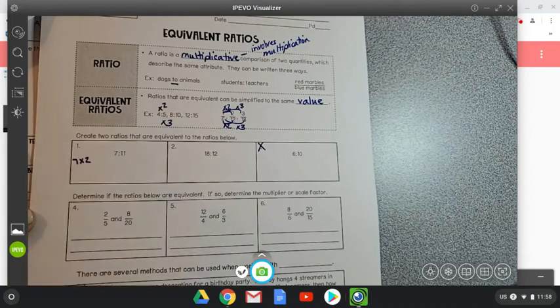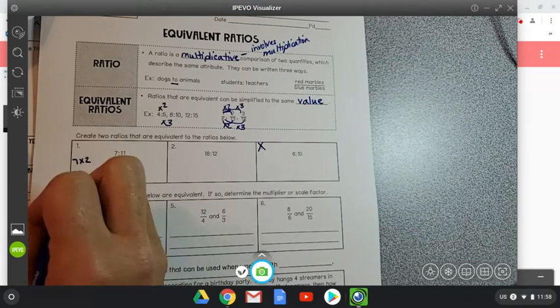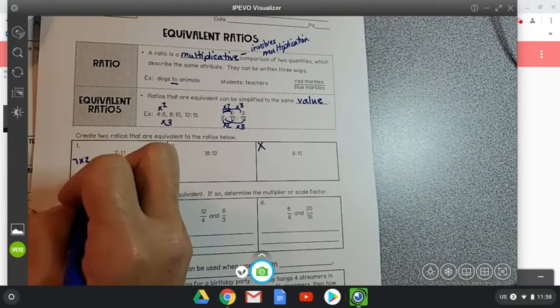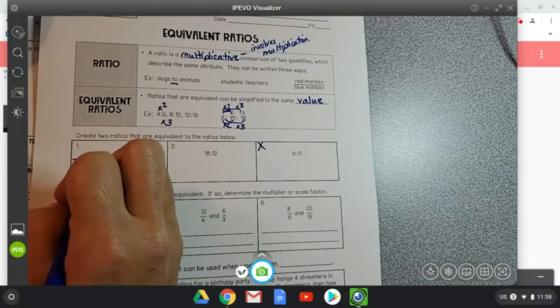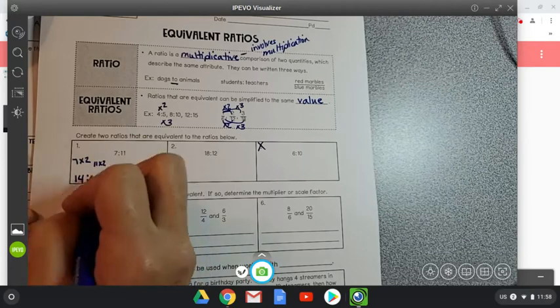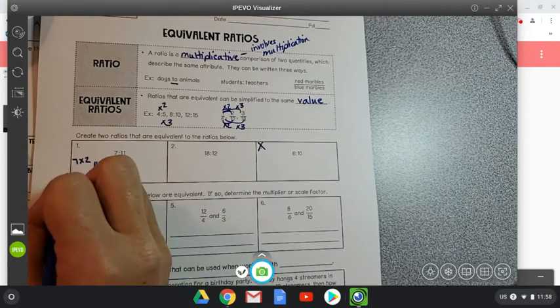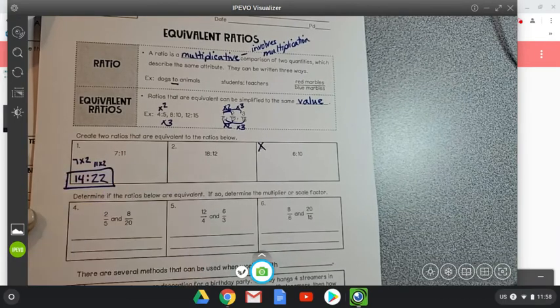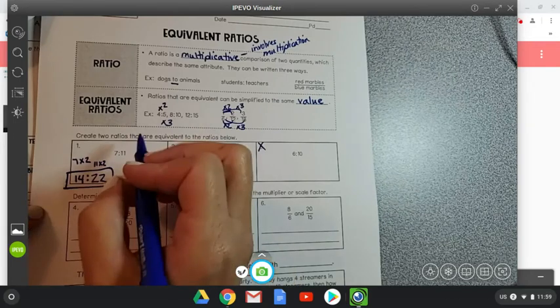I'm going to take 7 times 2, and that's going to give me 14. And then I'm going to take 11 times 2, and that's going to give me 22. That is an equivalent ratio. Now I'm just going to pick another number to multiply by to give me another equivalent ratio. And just to keep it simple, I'm going to do 3.